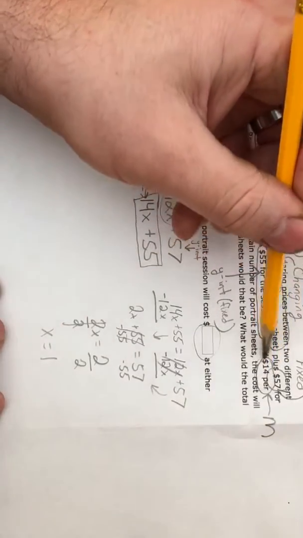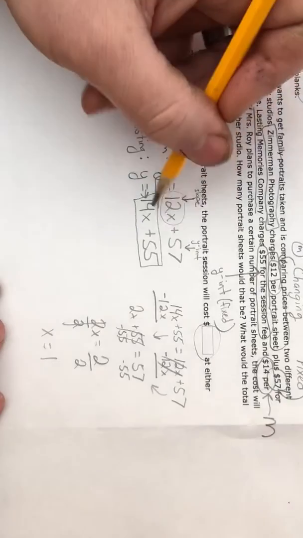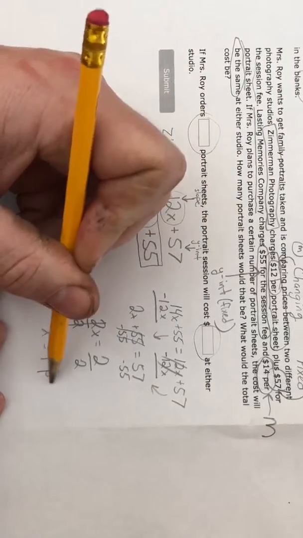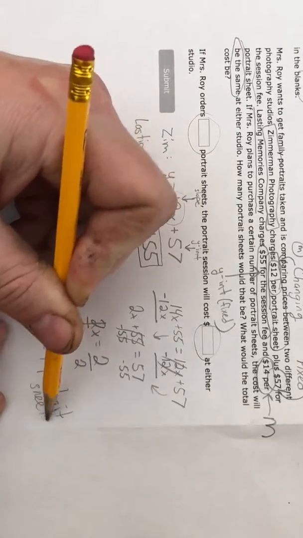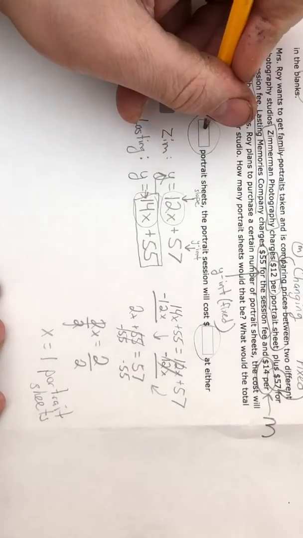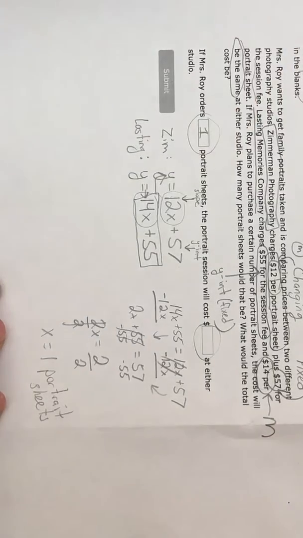Here we have 14 per portrait sheet, and the 14 is next to x. So this x is portrait sheets. Portrait sheets will go here in your IXL answer, so it's going to be one portrait sheet.